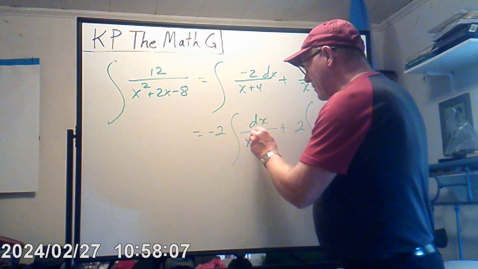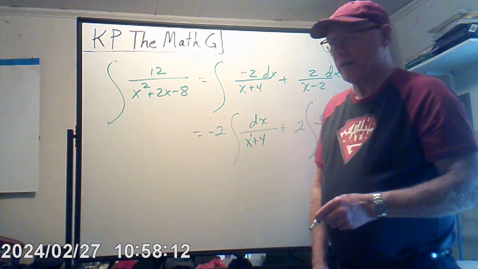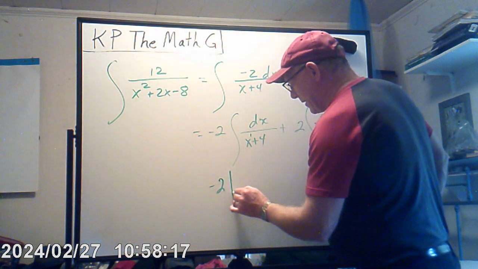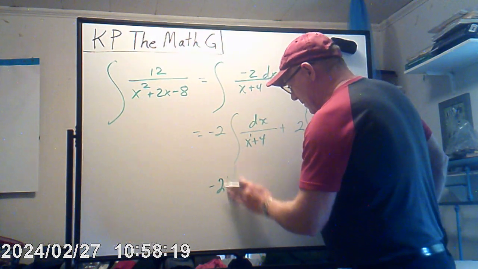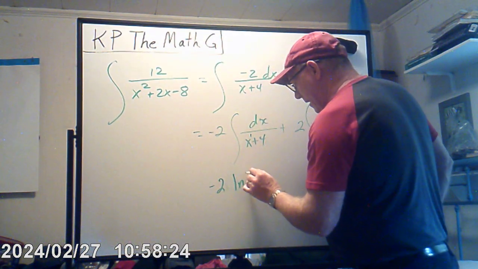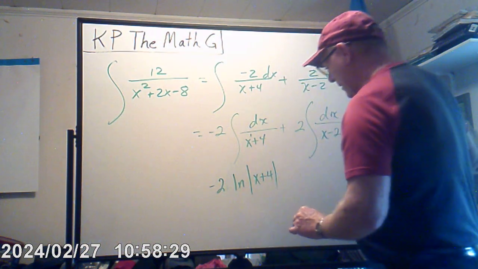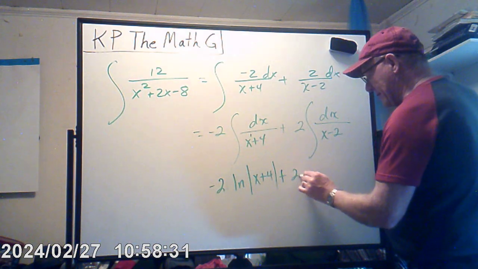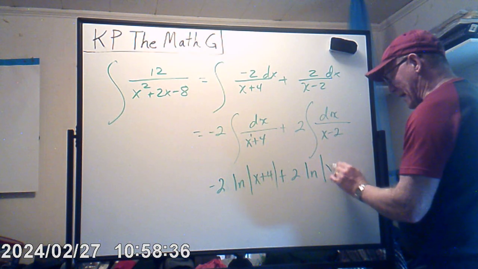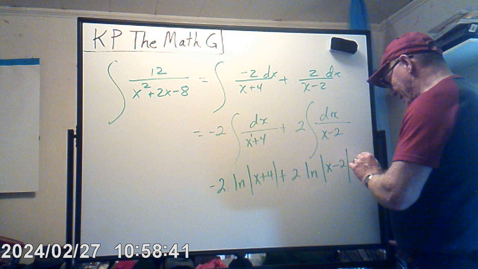You have an x to the 1 power now, and that's in the denominator. This is automatically ln. We could just simply say negative 2 ln of x plus 4, and then plus 2 ln absolute value x minus 2. And remember, there's no definite integral, so we do plus C.